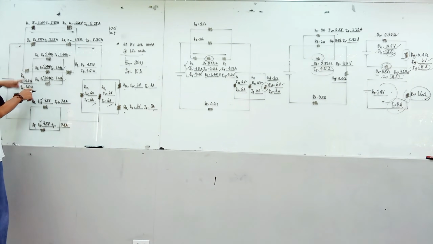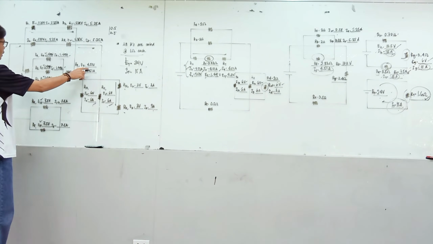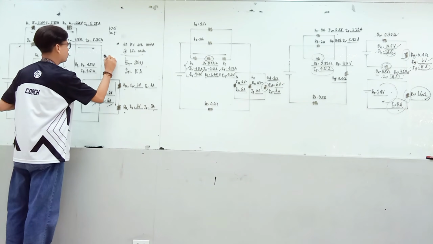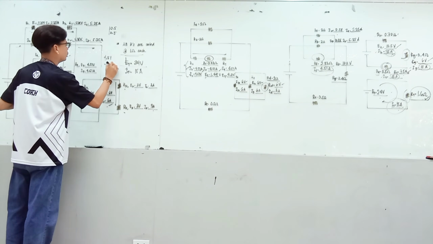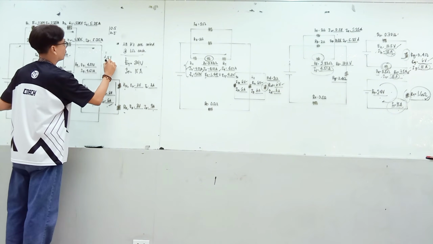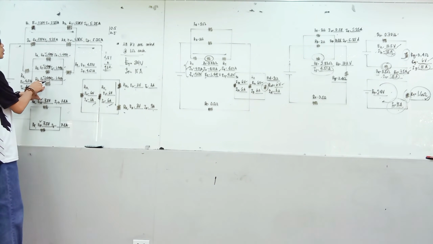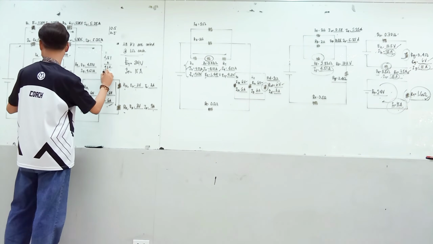Now, dito ang voltage nila ay 4.51, 4.51, tsaka voltage ito is 1.49. So, 4.51 times 2 na lang tayo. So, 9.02 plus ito, is 1.49.